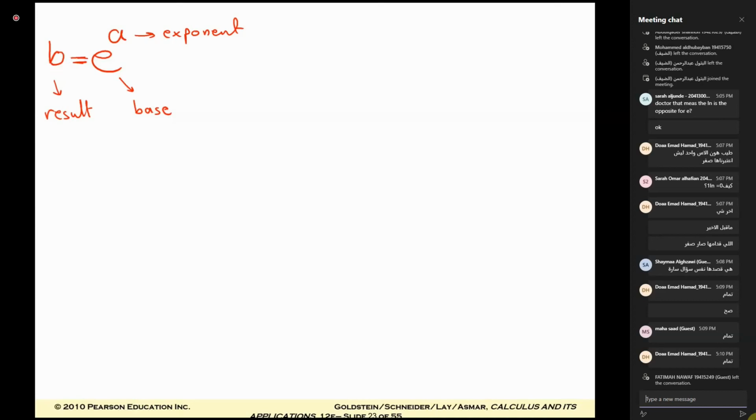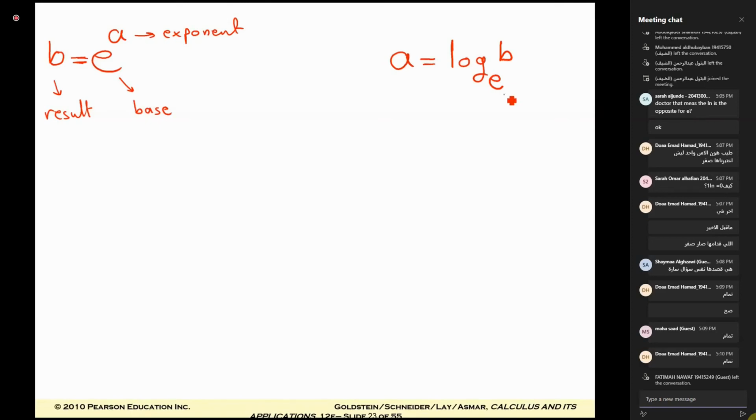In logarithm we have a equal logarithm to base e, and inside the logarithm equal b. This is the relation between exponential and logarithm.